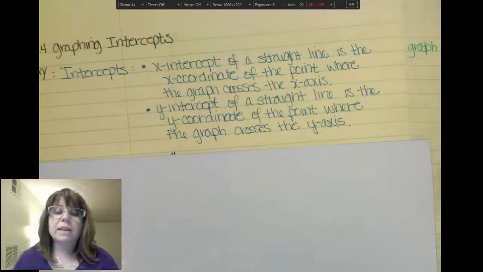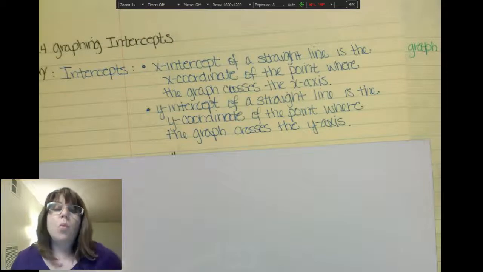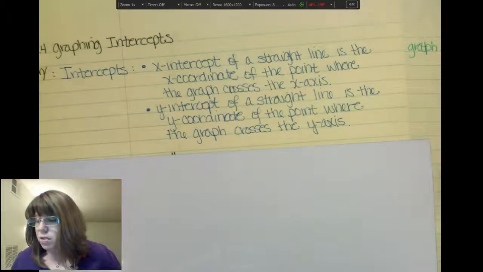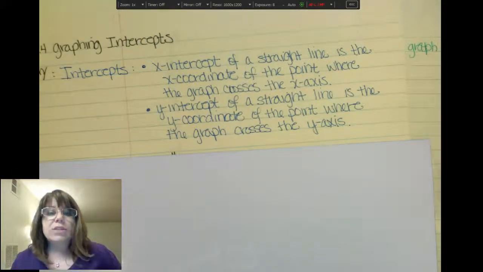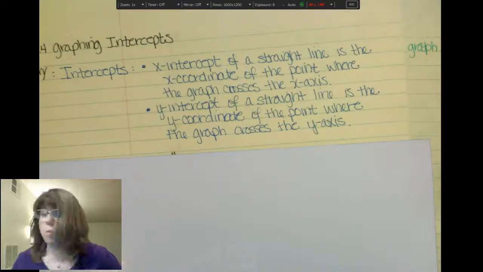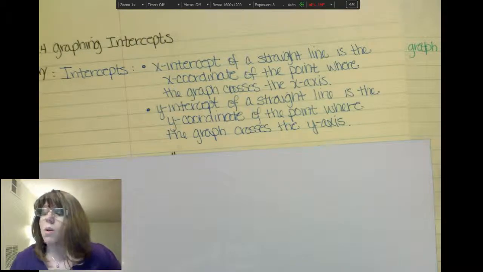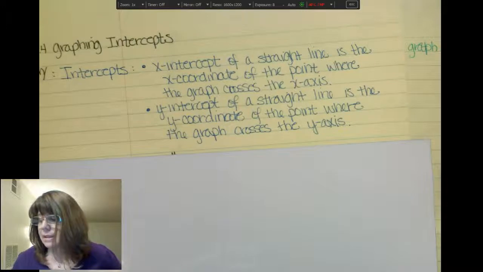Likewise, the y-intercept of a straight line is the y-coordinate of the point where the graph crosses the y-axis. So what that all means is that the intercept is a number. It is not a point, it is a number. It happens to be the x-coordinate where it crosses the x-axis, or the y-coordinate where it crosses the y-axis.